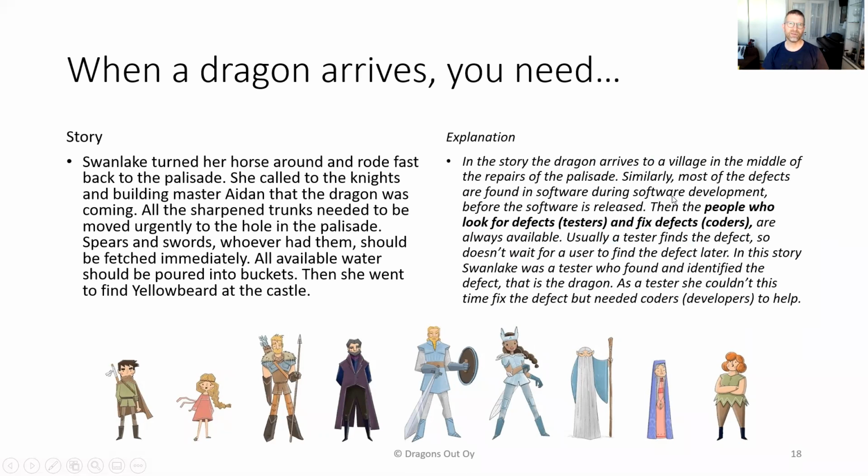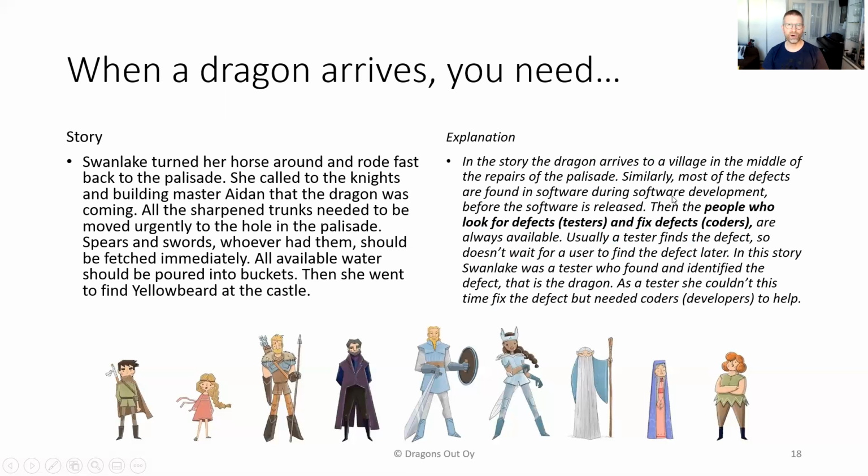Testers always try to test whatever bit is ready for testing, find defects, and then typically they hand it to the coder, the developer, who will then fix it, if possible, immediately. And this goes on and on throughout the software development project.